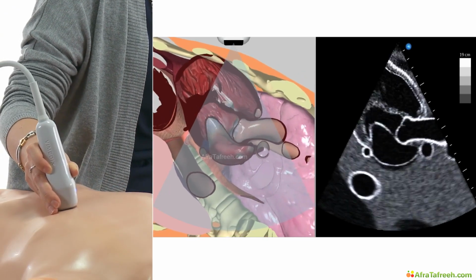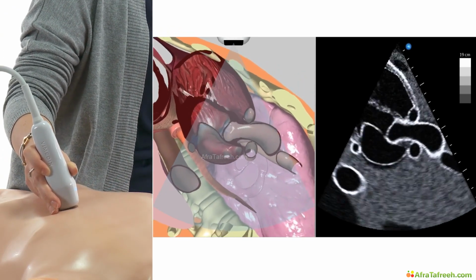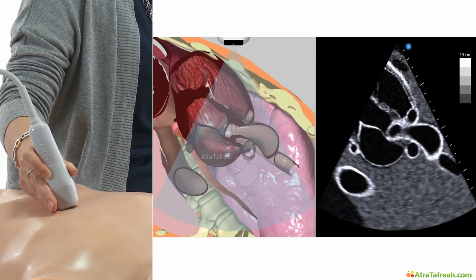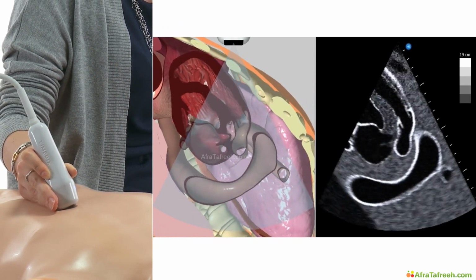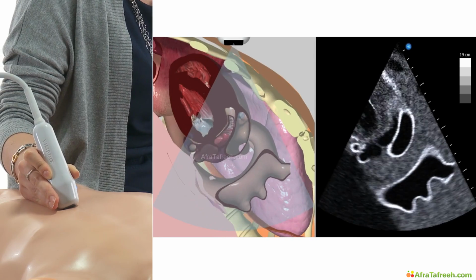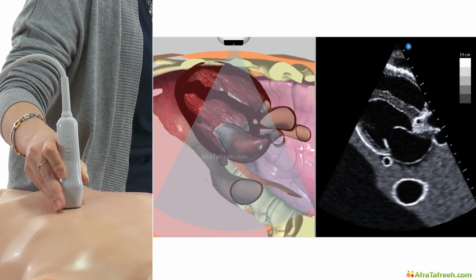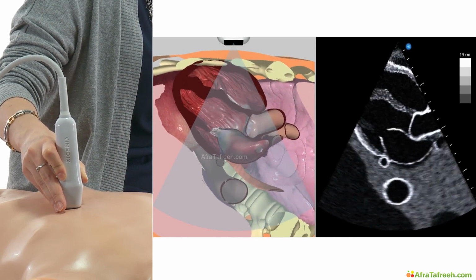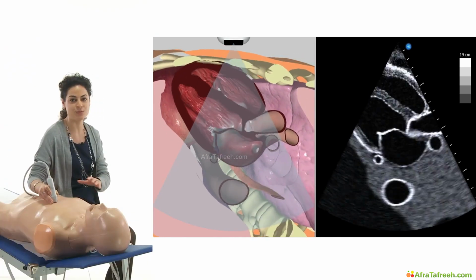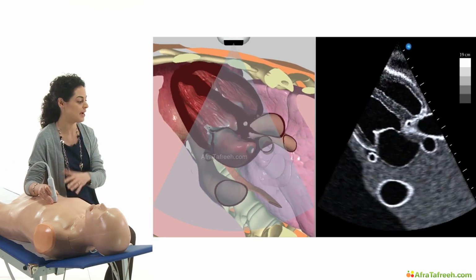Then we see the aorta. And the simulator shows us the aorta goes into the arch and again down, taking the name of descending aorta. So the simulator is really showing us this.